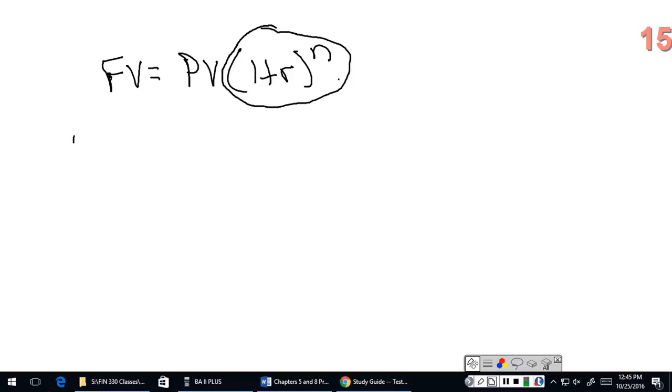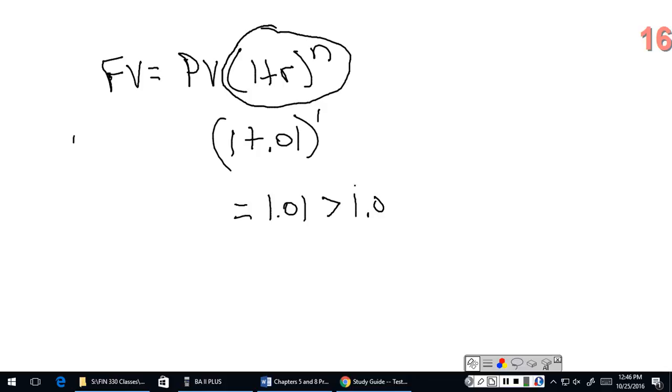So for example, if we say it's 1 plus 0.01 raised to the first power, well, it's going to be 1.01, which is greater than 1, which is what the question answers. So with some of these questions, if you go back to the formula sheet, write down the formula and work through a practice question, you can help answer some of the questions that are asked. Just understanding the material.